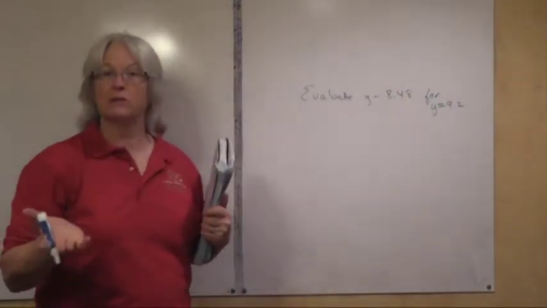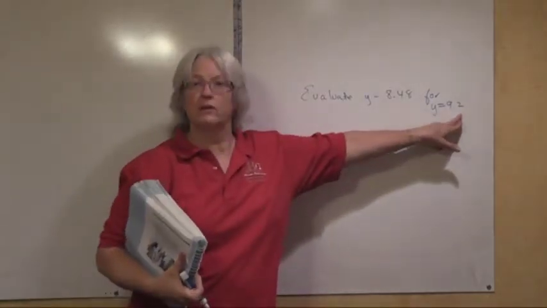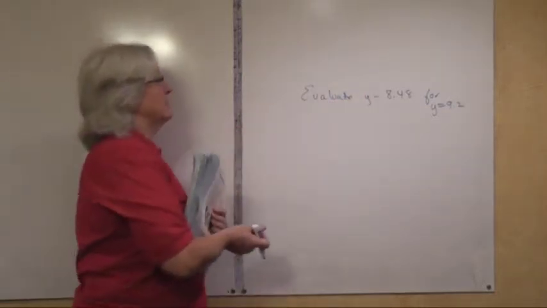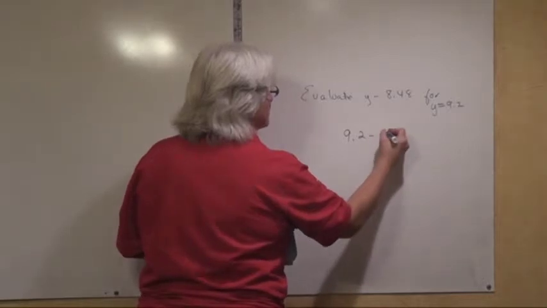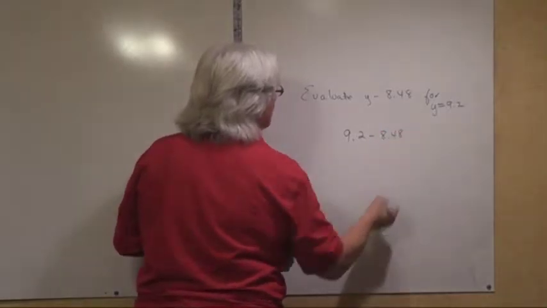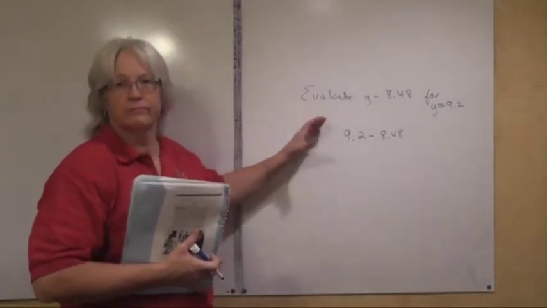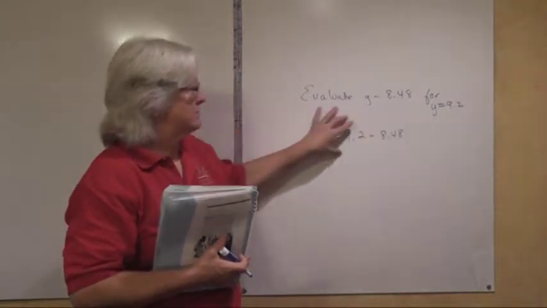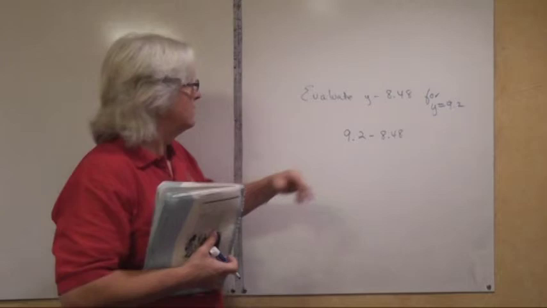Nothing mysterious about this. When you evaluate for a variable, take the value that they give you for the variable, substitute it for the y. So now you have 9.2 minus 8.48 that they wish for you to evaluate. Find the answer to that subtraction problem is all it means when they're talking about evaluating.